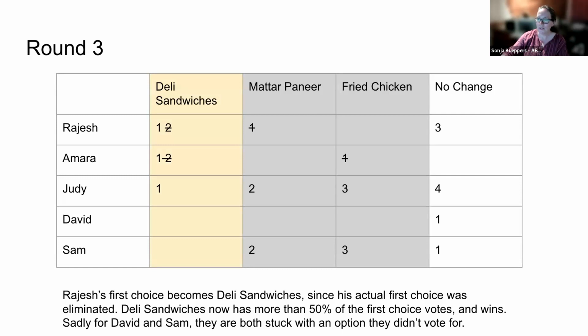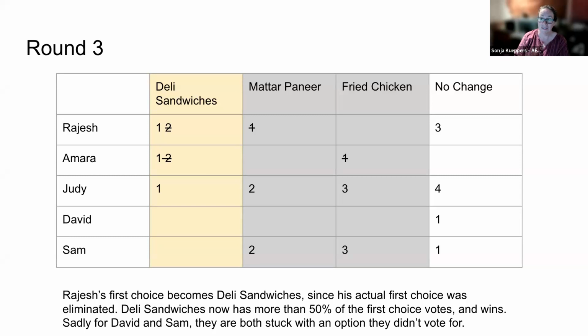Then in our third round, Rajesh's vote for Mater Paneer, his number 1 rank vote, gets dropped, and we look at his second choice vote for deli sandwiches, and we assign first choice to deli sandwiches, since Mater Paneer is no longer an option. That was his second choice.